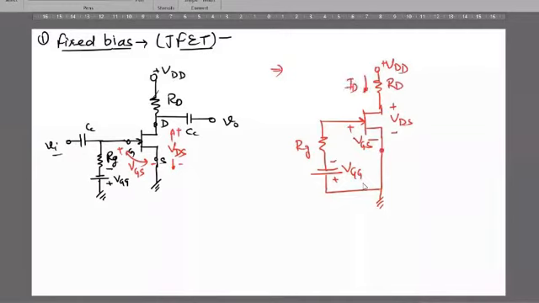An important point, you know what? ID remains approximately equal to IS here, because IG is approximately 0. Fine.